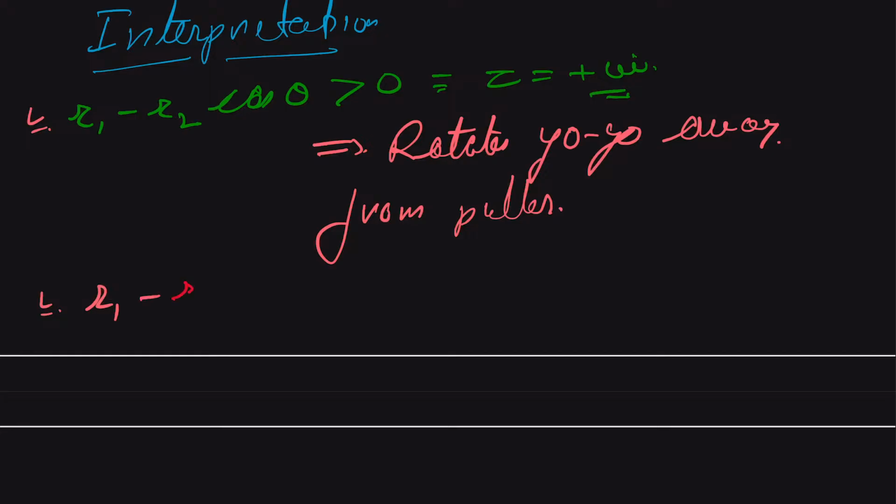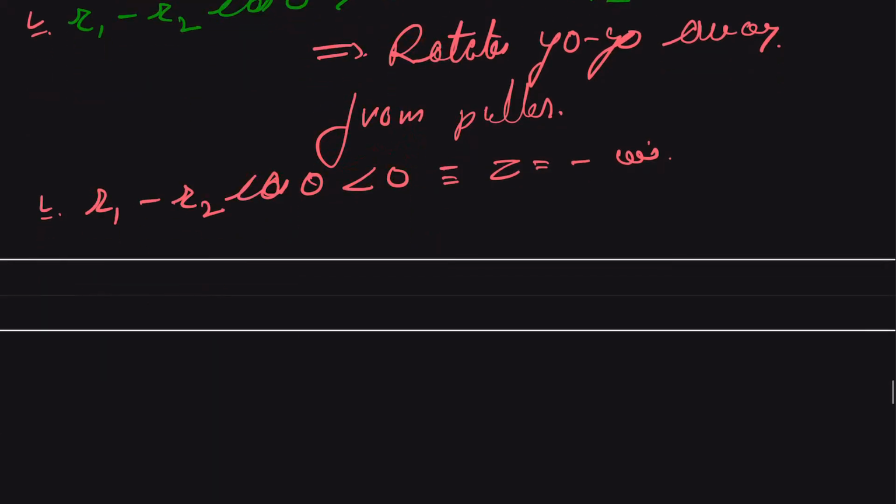That is r1 minus r2 cos of theta is less than 0. Torque will be negative, and if torque is negative, the yo-yo rotates towards the puller.